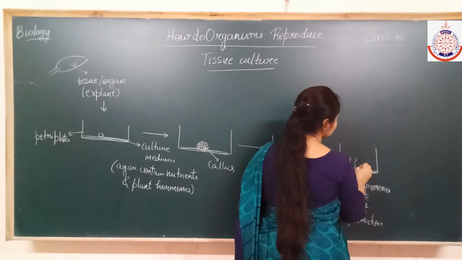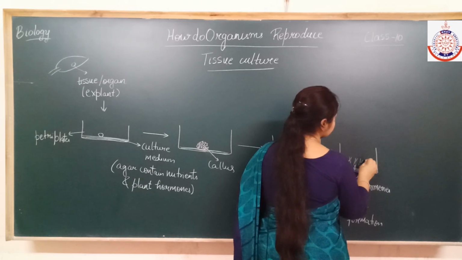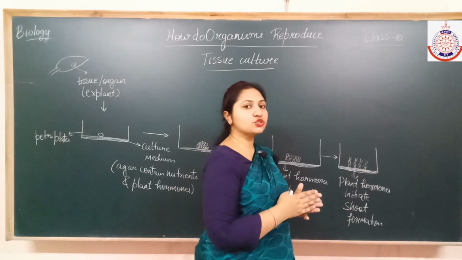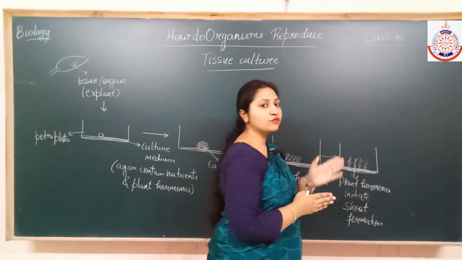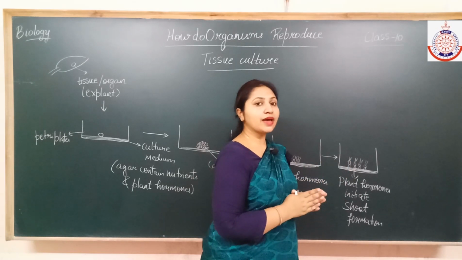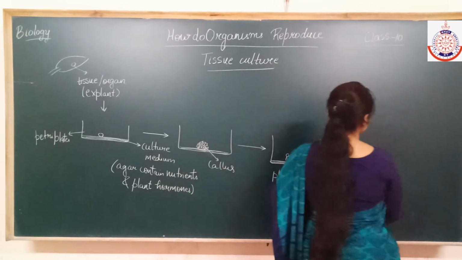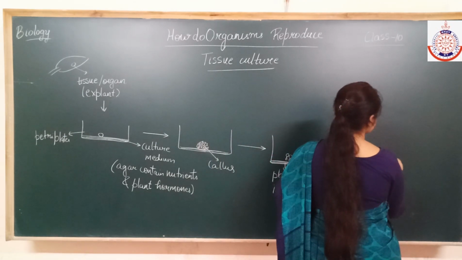Okay, so now they look like this. So when the roots as well as the shoot arise from the cells, then what happens? They will become the tiny plantlets. They are known as the tiny plantlets.